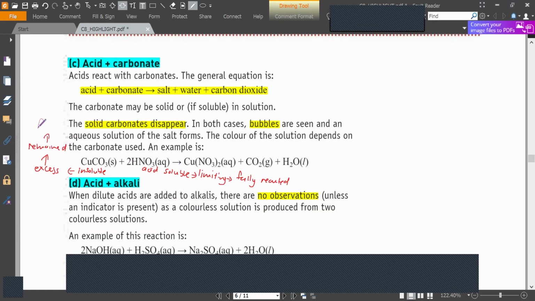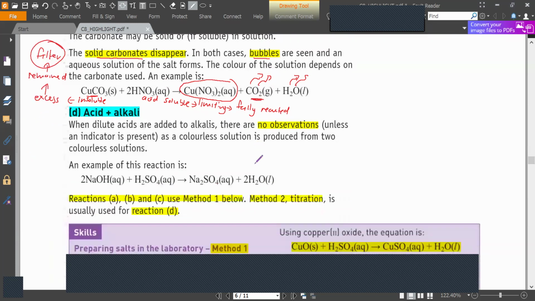But no problem, we can filter to remove this copper carbonate, then we can get a pure product. Carbon dioxide will leave as a gas, and the water we can also separate. So observation: the solid carbonate will disappear, and we can see the bubbles of carbon dioxide.